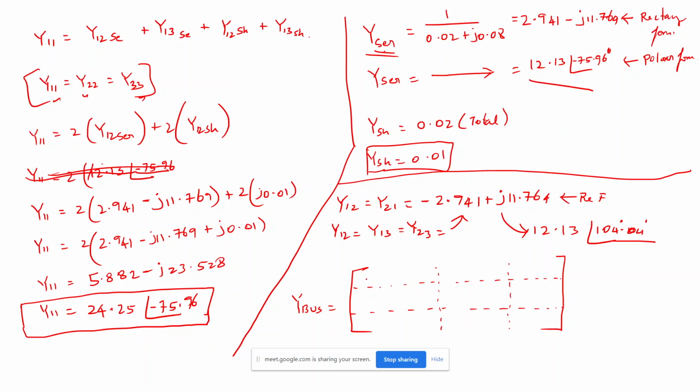so here it is 24.23 angle of minus 75.95 degree.